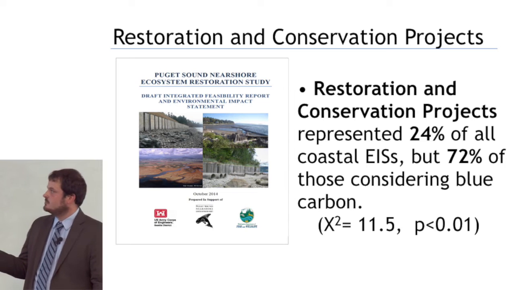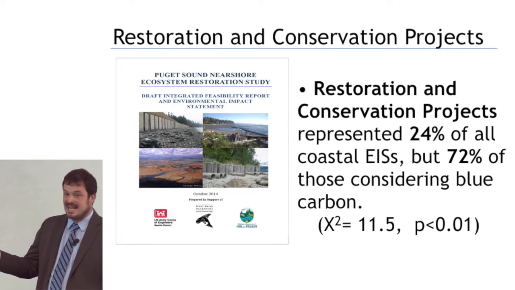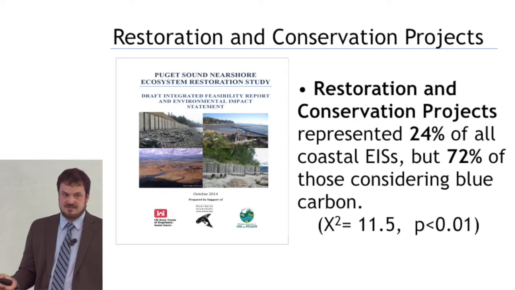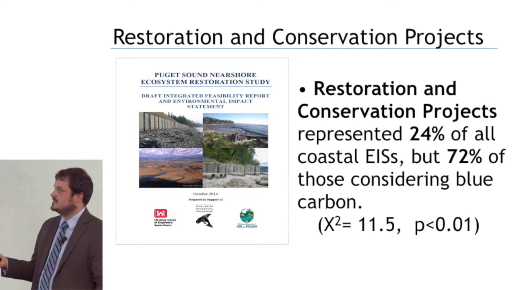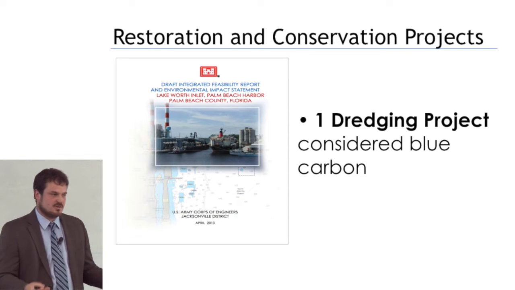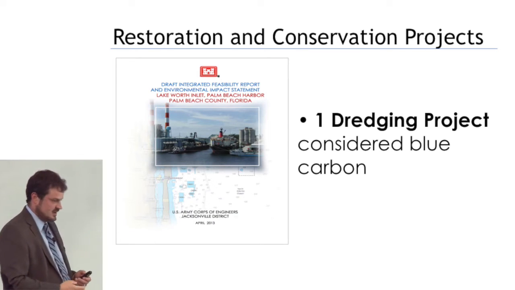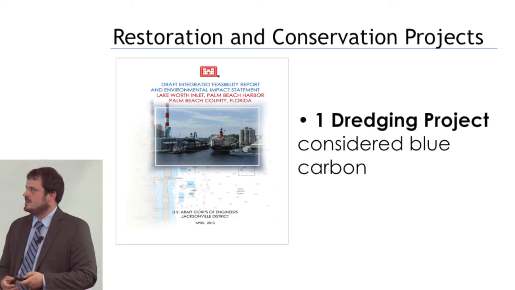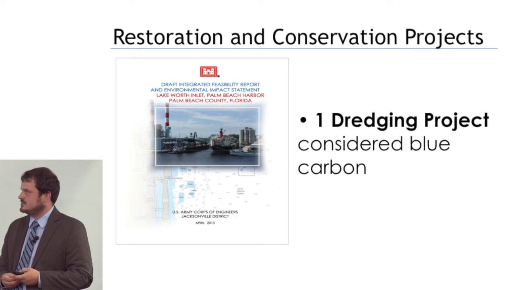And the ones where you are potentially restoring or enhancing that carbon sequestration in the ecosystem talk about that ecosystem service far more than the ones that might be removing or destroying or releasing greenhouse gases. This is not surprising, but it's interesting to see it demarcated here.